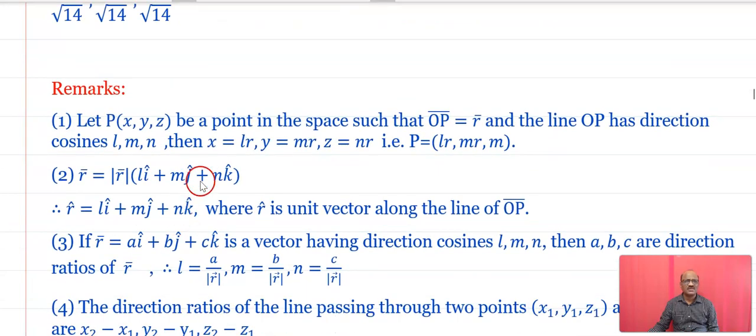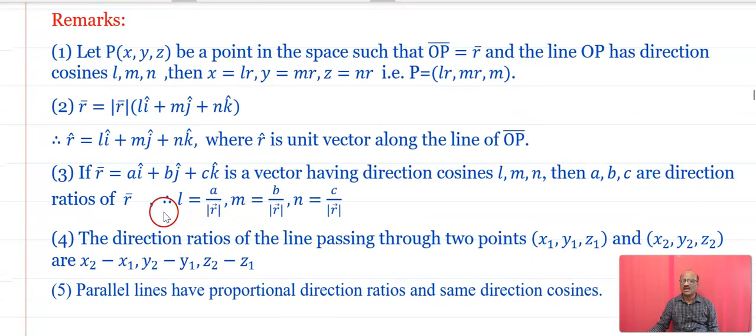And now we see the remark. What is the remark? Let P(x, y, z) be a point in space such that OP bar is equal to R bar, and the line OP has the direction cosines l, m, n. Then x = lR, y = mR, z = nR.